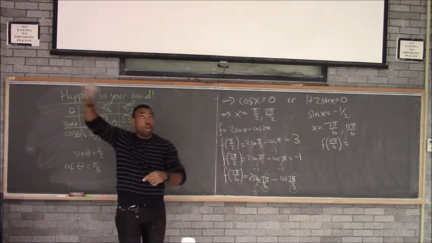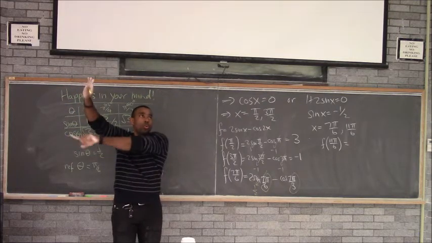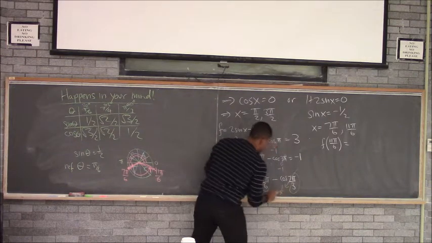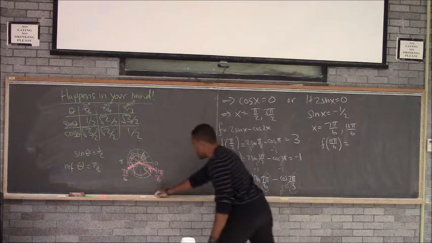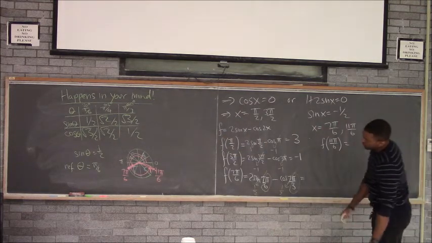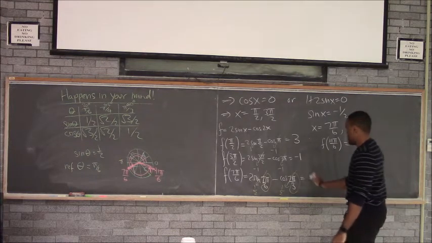Because pi over 3 is all the way on the right side, and the cosine went 3, 2, 1. That's 1 over 2. So this is going to be 1/2. And so that's 2 times 1/2, which is 1, minus 1/2 is 1/2.